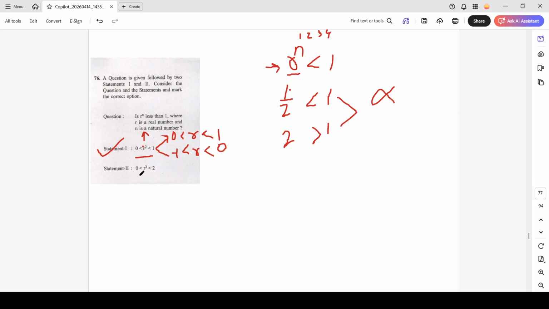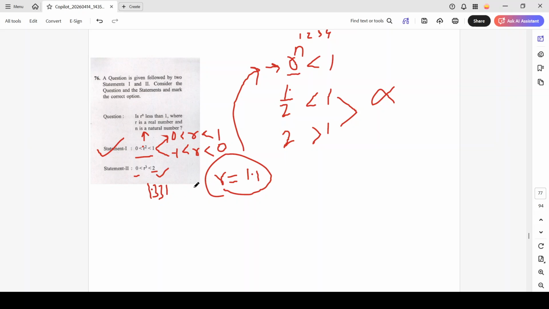Now statement 2, r to the power 3 is less than 2. Okay, so now suppose I am taking r as 1.1 and putting it here, 1.1 cubed will be 1.331. This is satisfying this, but here r is not less than 1.